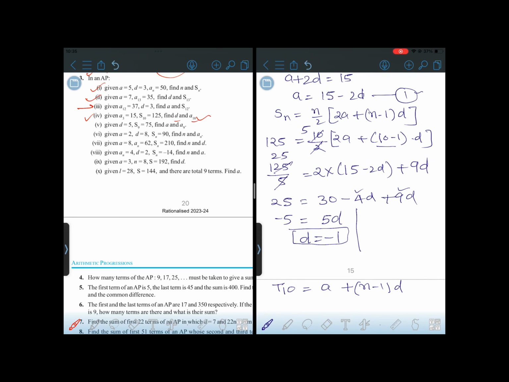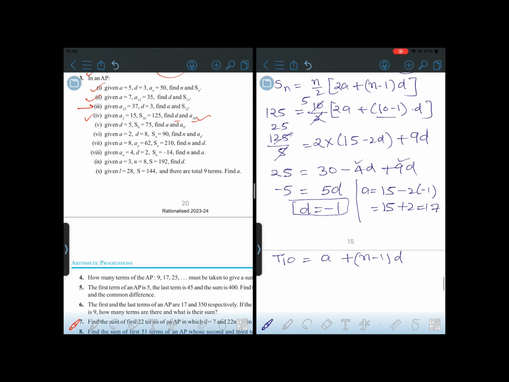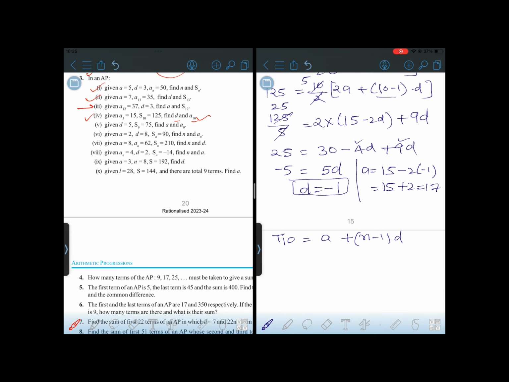So equation 1 is basically A is equal to 15 minus 2D, D is minus 1, right? So that gives us 15 plus 2 is equal to 17. So now we have got both the first term and the common difference that we can substitute in this equation.